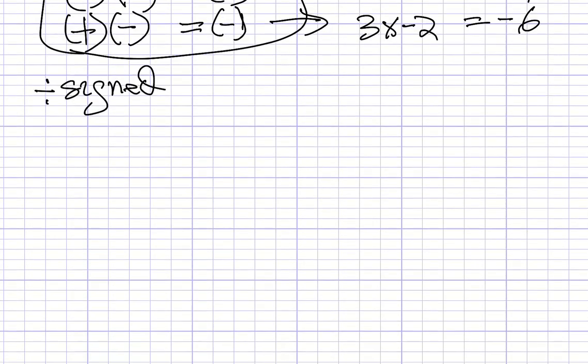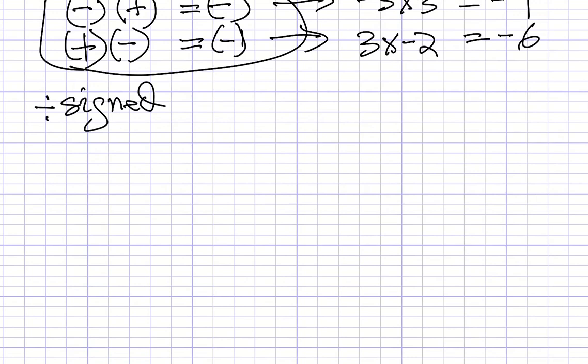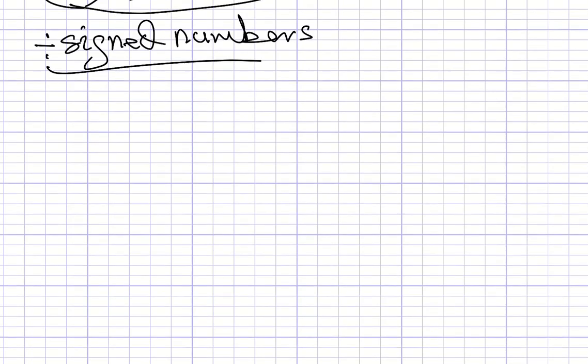Suppose you're doing division of signed numbers. There are rules there too. If you have a positive number on top and you divide it by a positive number below, what will you get? You get a positive number, okay?